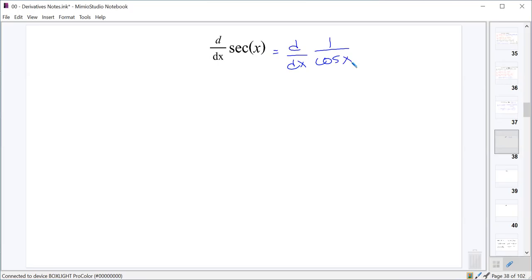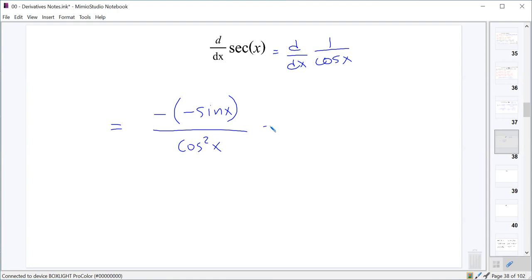So we can use the reciprocal rule. The reciprocal rule says keep the constant up in the top, which is 1, and then put a negative sign, and then take the derivative of the denominator. The derivative of cosine is negative sine, and then divide that by the cosine squared of x, right? The denominator squared.